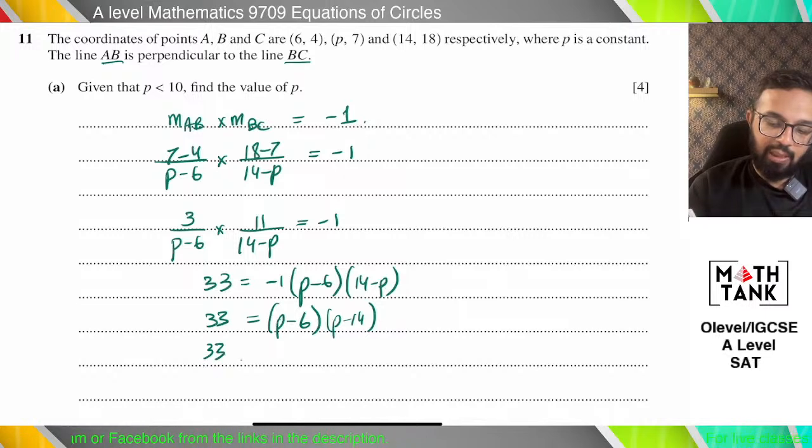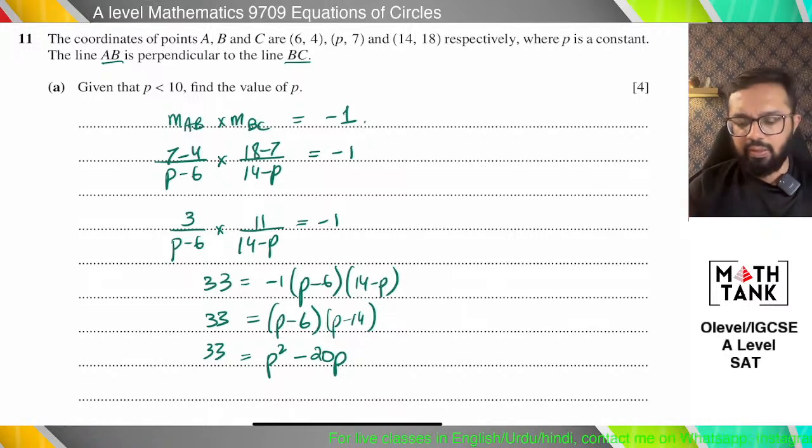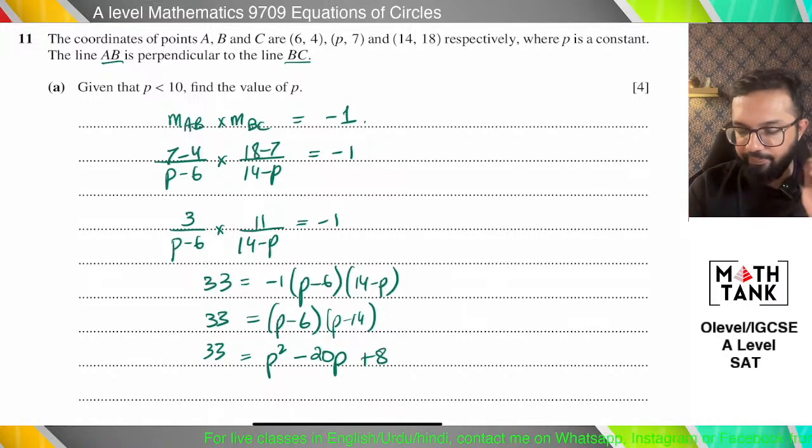I expand the brackets, P squared, and I'd get a total of 20P, and 14 into 6 is 84, I think.